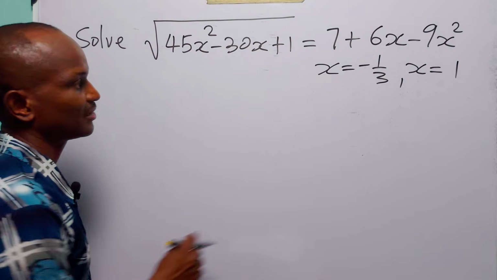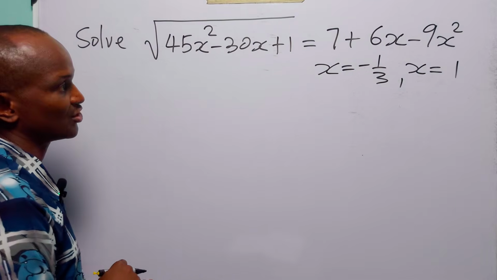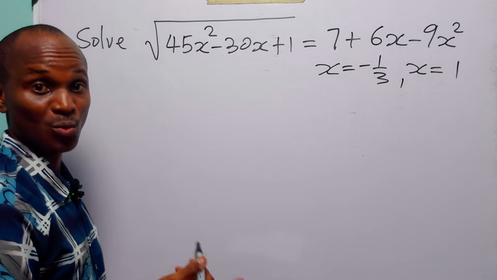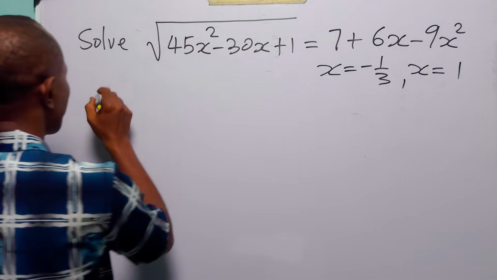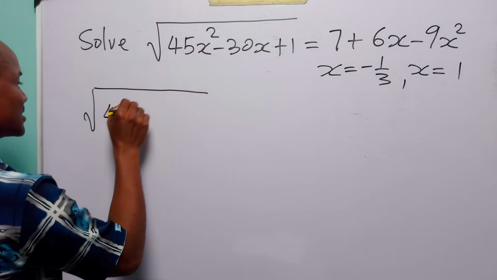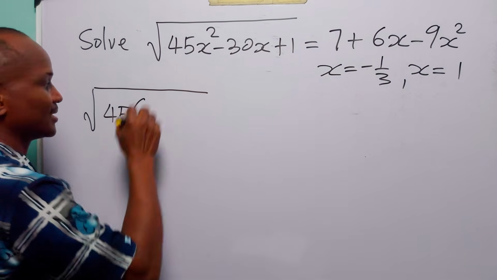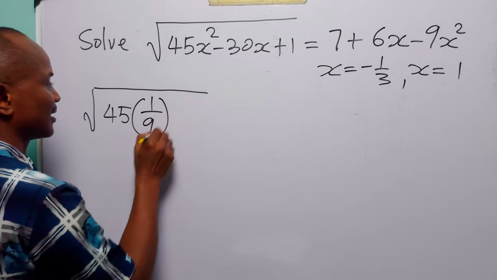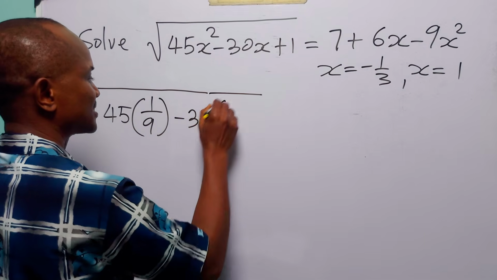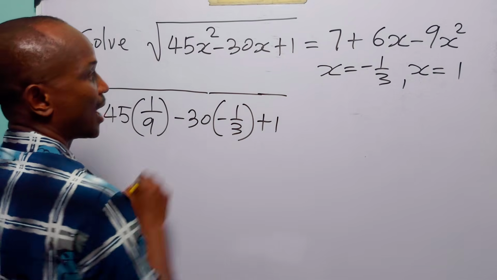Now, to check our answer, let us substitute these two values of x into the original equation. Let us start with the first value, when x is equal to minus 1 over 3. Here we have the square root of 45 times minus 1 over 3 squared is 1 over 9. Minus 30 times minus 1 over 3 plus 1.